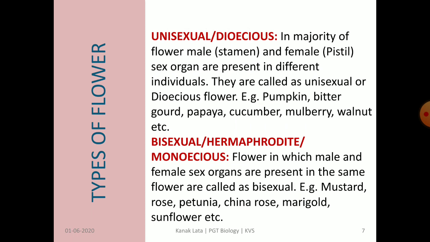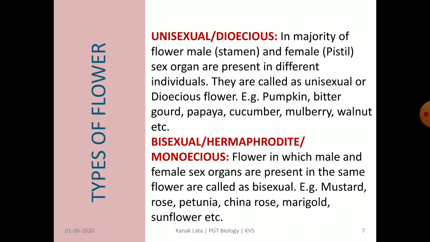First is about unisexual, which is also called as dioecious flower. In majority of flower, male and female sex organ are present in different flower. Example of such flower are pumpkin, bitter gourd, cucumber, mulberry, walnut, and these flowers are called as unisexual or dioecious flower.